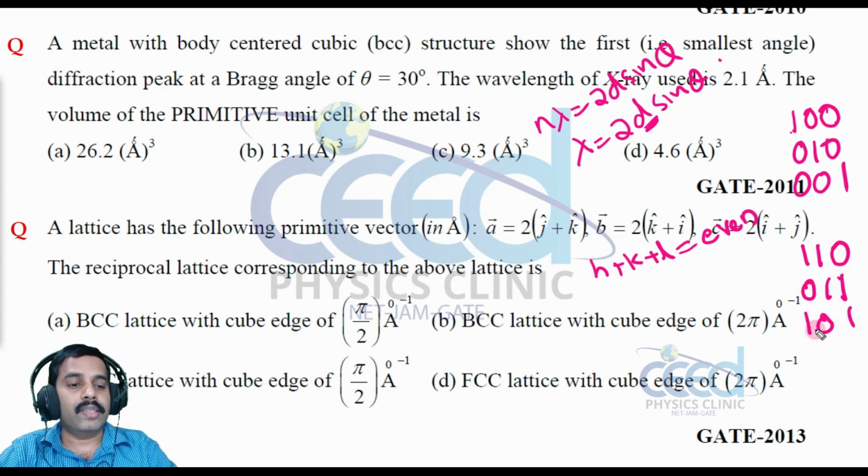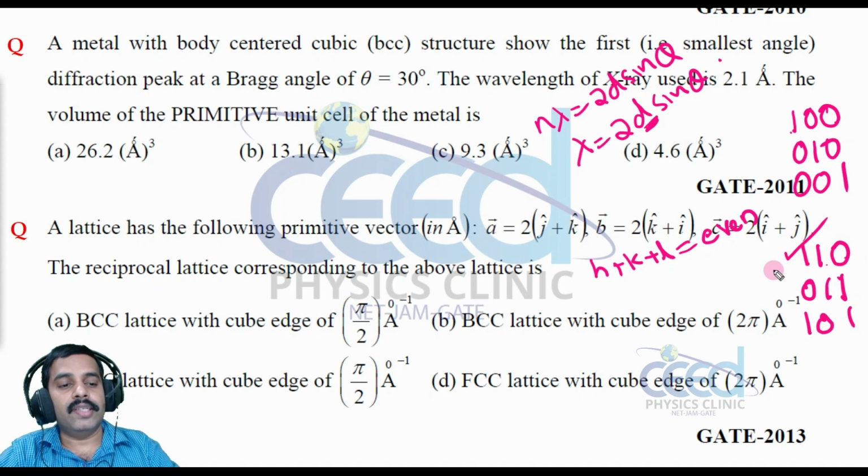So which one is the possible value? This is the possible value, because this is the first plane that is present where the diffraction peak is possible, because 1 plus 1 plus 0 is even. So that's why this peak is present.